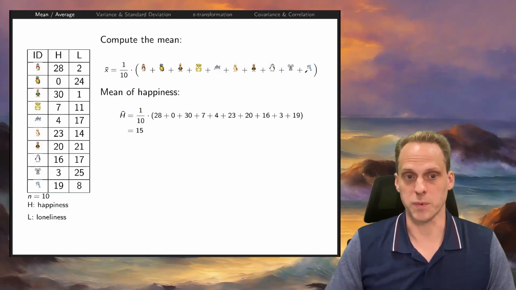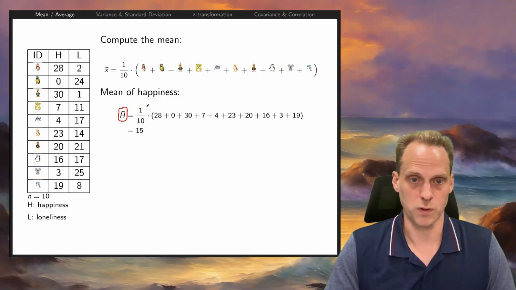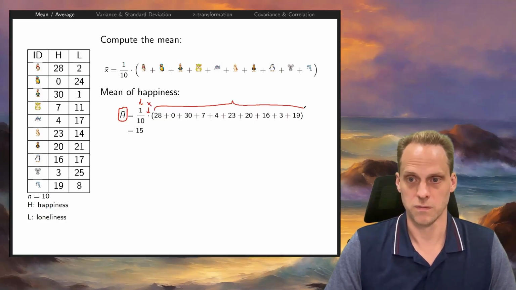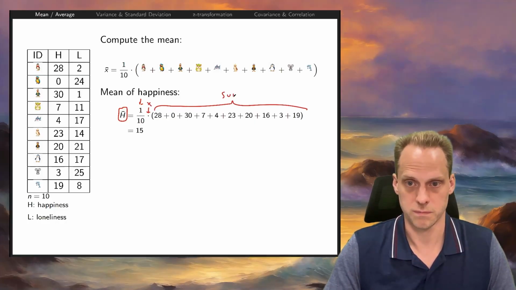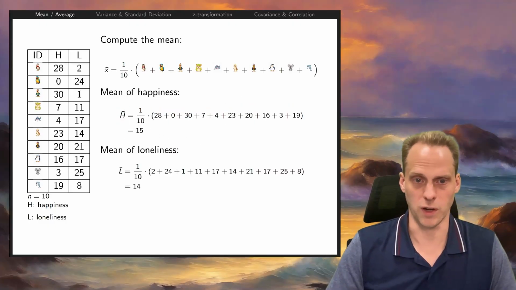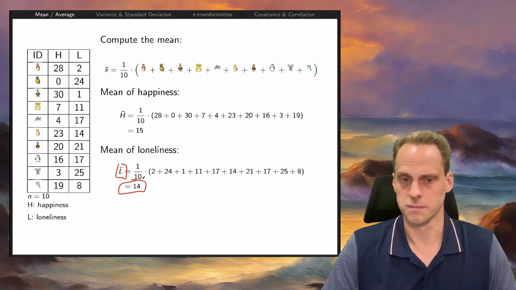So let's see the mean of happiness. Now I write h bar, the mean of happiness, equals 1 over 10 times, right, times, and then the sum. Adding all these numbers together, 15. And for loneliness, the sum is 14, right?